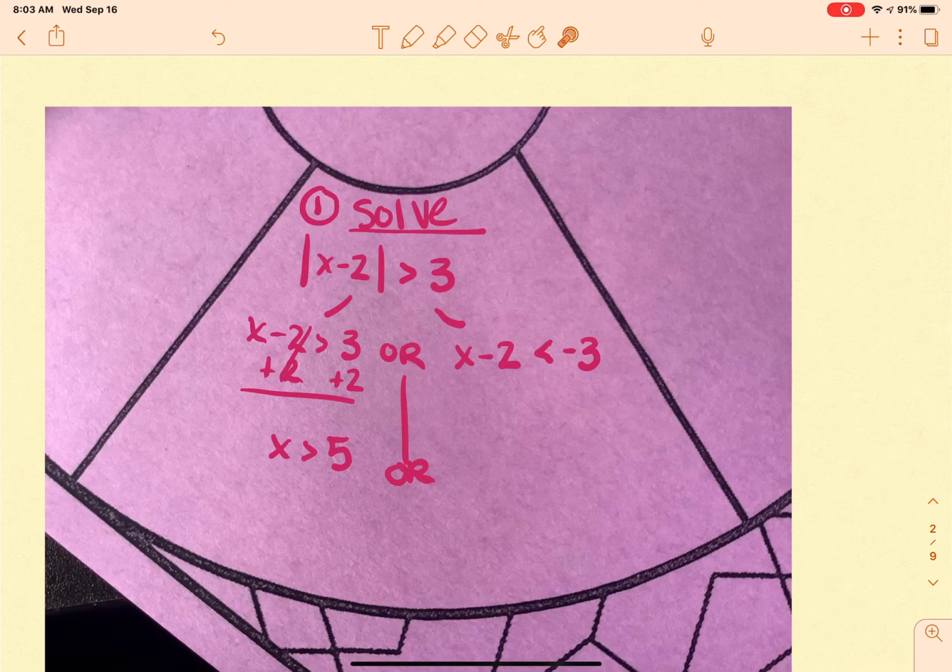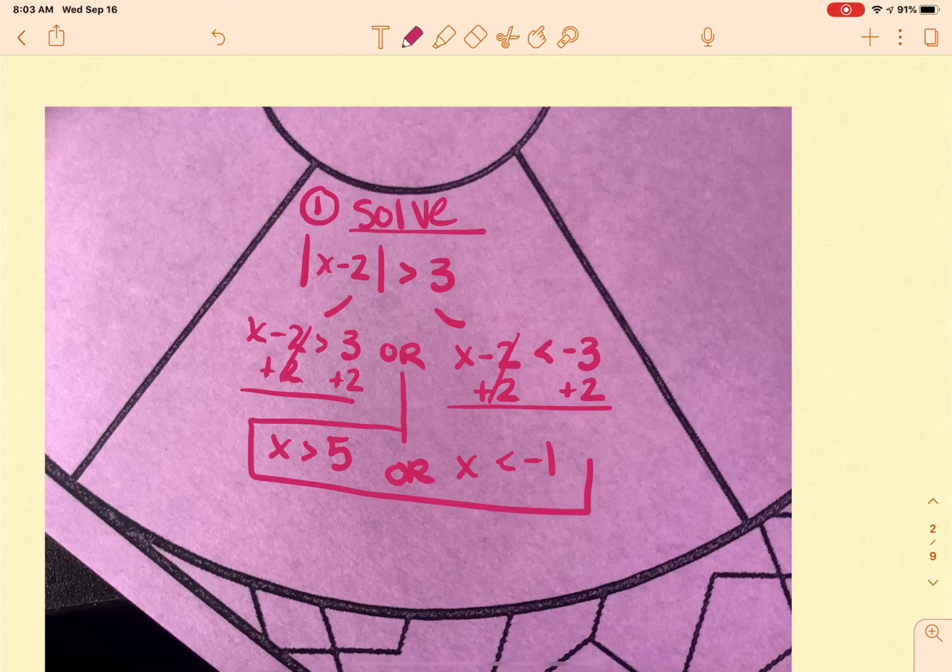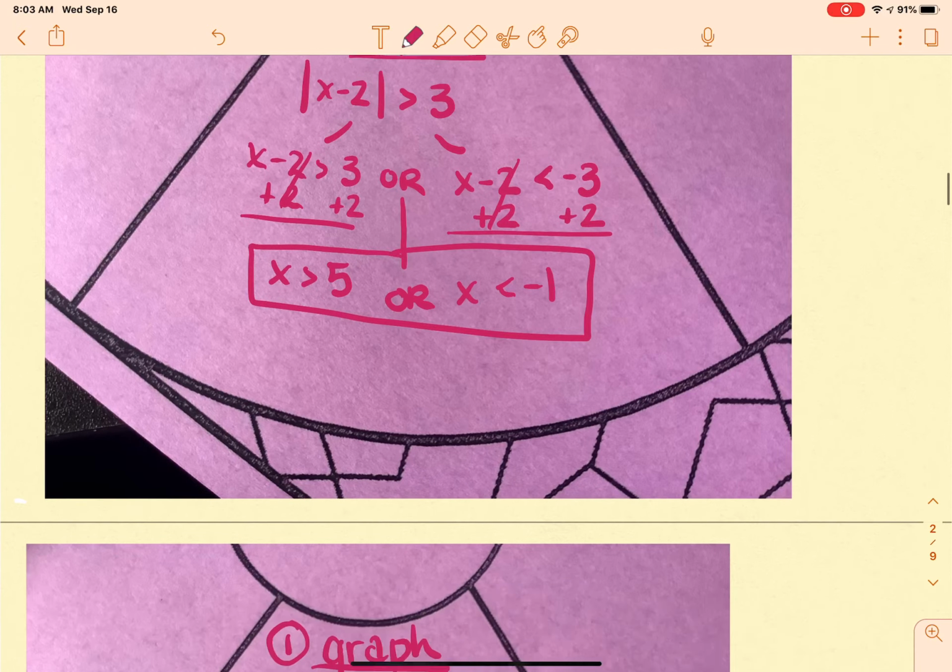The first step here is still the first step here, so I'm going to add 2, and I get negative 1. These two inequalities are the ones that I'm going to graph, so I'm going to bring them to the graph part so I can see it.